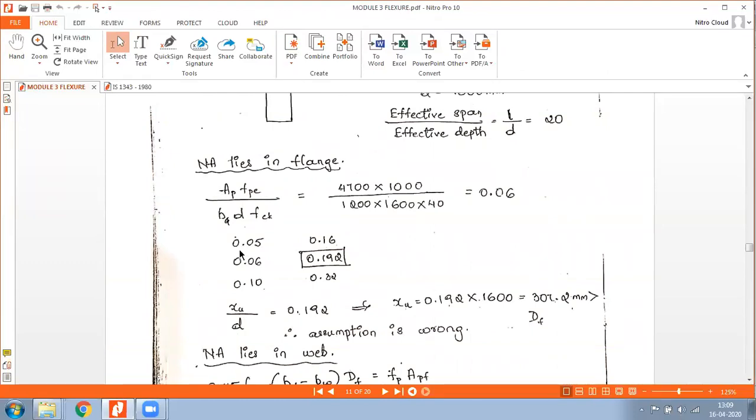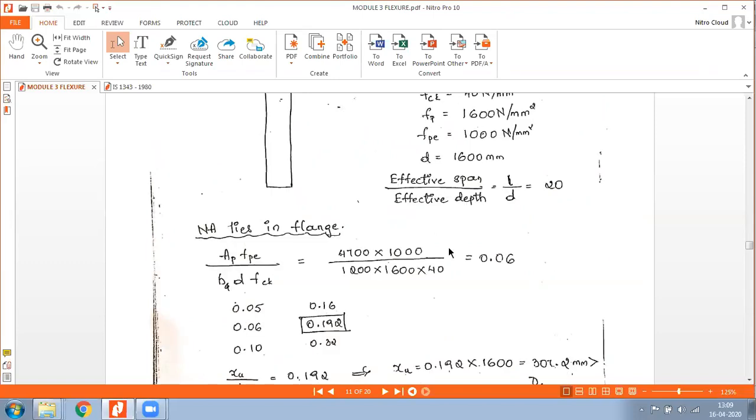For effective reinforcement of 0.05, and referring table number 12, it is 0.16. For effective reinforcement 0.1, it is 0.32. In this case, the effective reinforcement ratio is 0.06. On linear interpolation, we get XU by D ratio as 0.192. Again, on cross multiplication, we get XU as 307.2 mm.